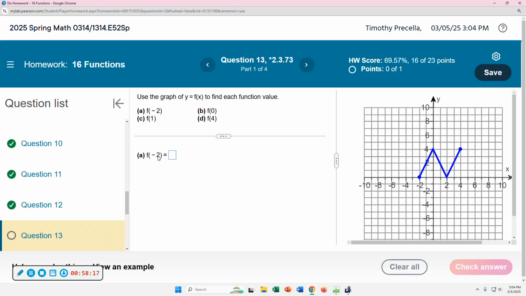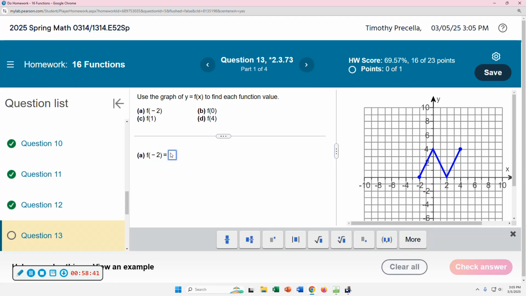When x is negative 2, what's the value of the function? What's the y value? The y value is given by that function, f of x. Do y'all see the ordered pair we're talking about for f of negative 2? When x is negative 2, I'm pointing at it here on the graph. What's the y value? 0. Okay, good.